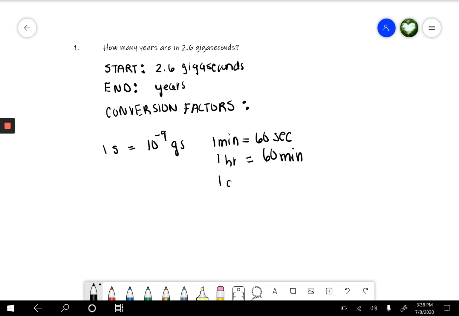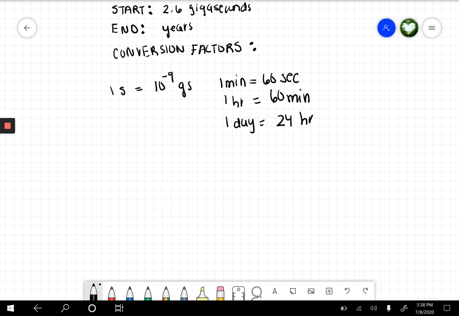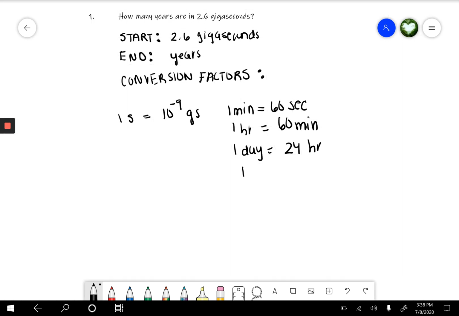We know that 1 day is equal to 24 hours. And we know that 1 year is equal to 365 days. These are just some conversion factors that we might end up using to solve this problem.